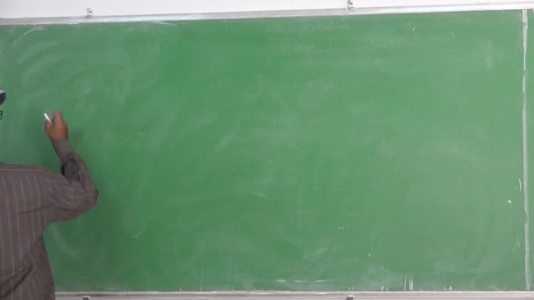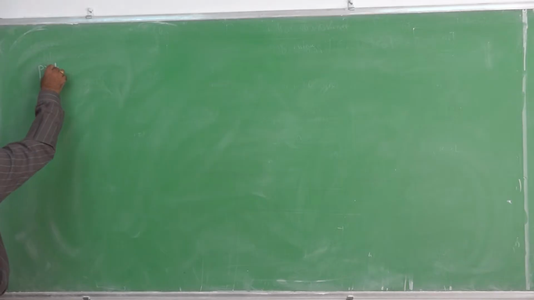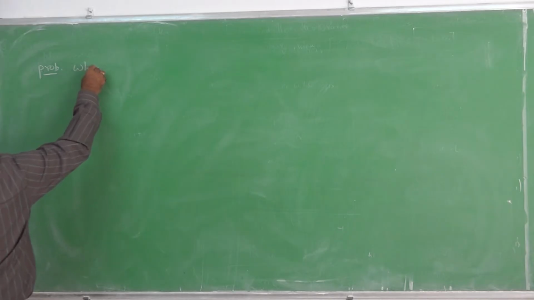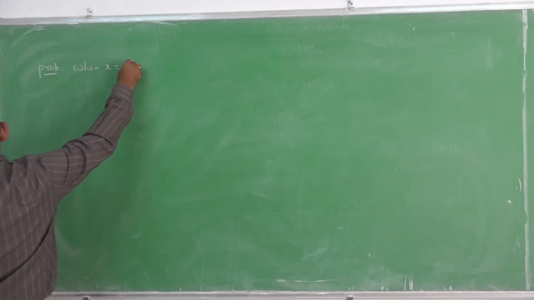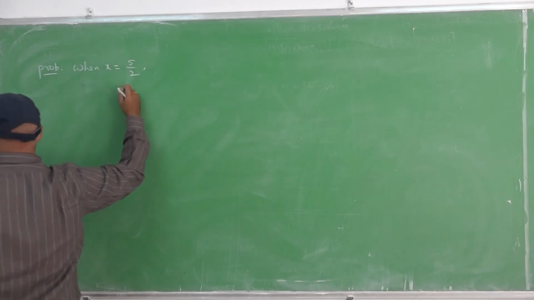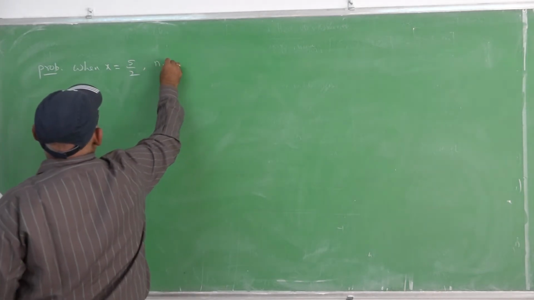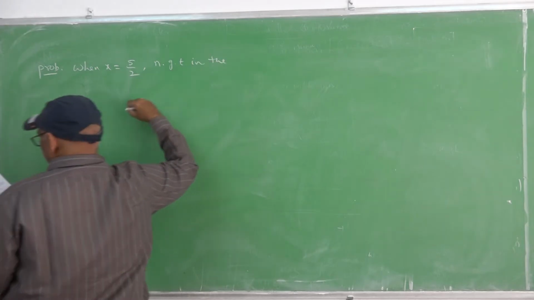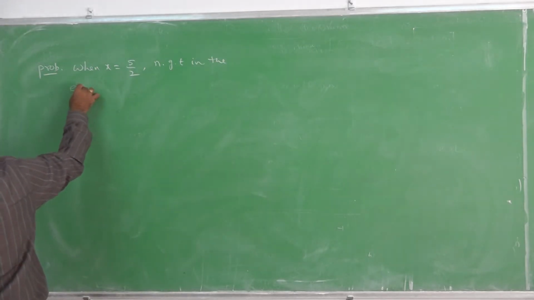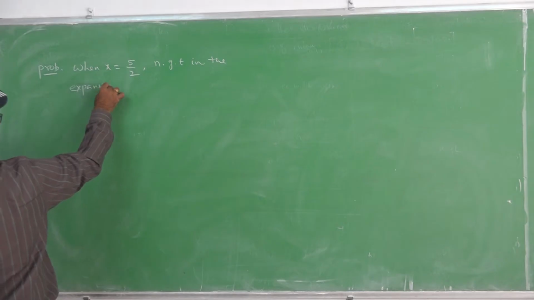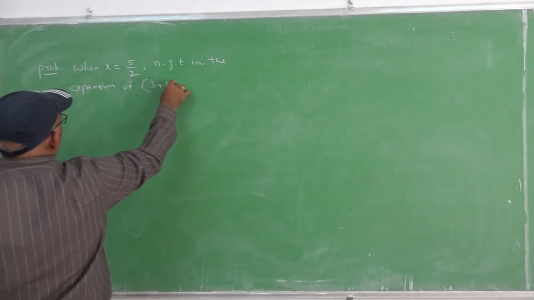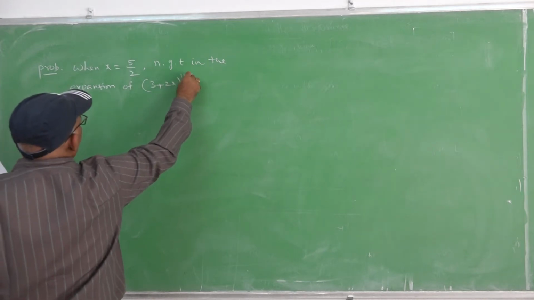Let us take one problem. When x equals 5/2, the numerically greatest term in the expansion of (3 + 2x)^15 is.